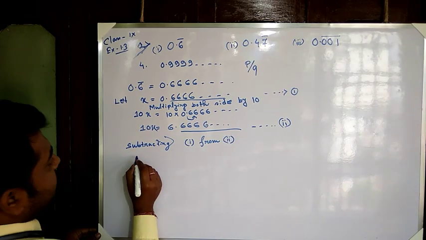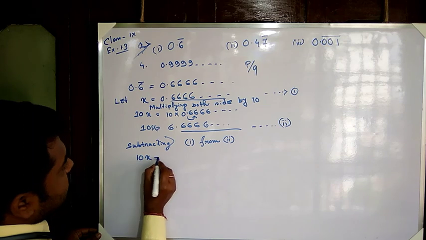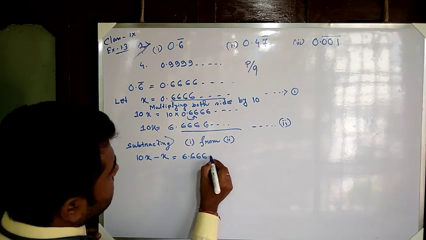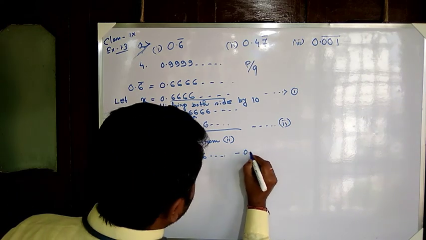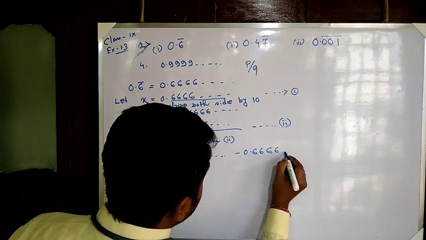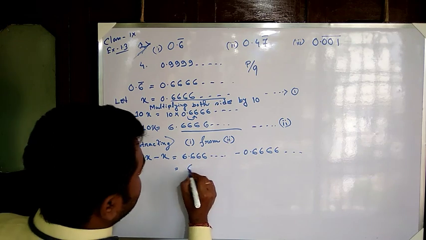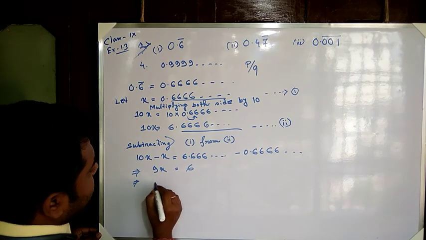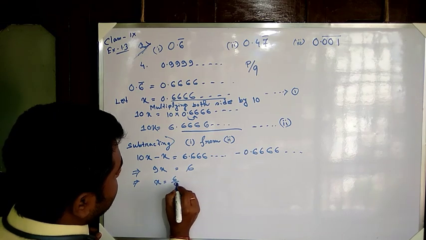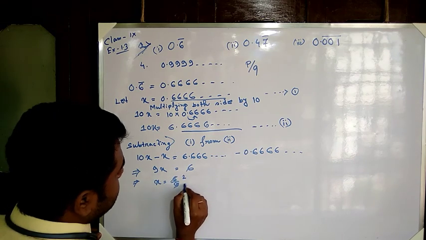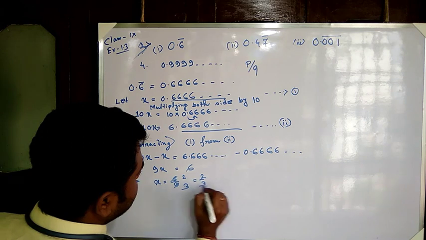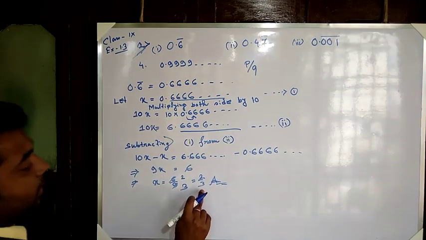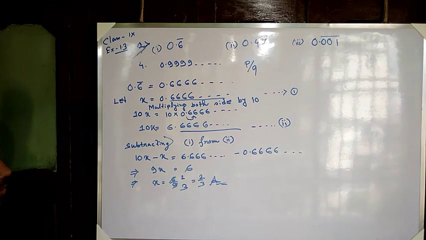So 10x minus x equals 6.666 dot dot dot minus 0.6666 dot dot dot. Ultimately your answer is 6, and here 9x implies that x equals 6 by 9. So your answer is 2 by 3, in p by q format, where q is not equal to 0.